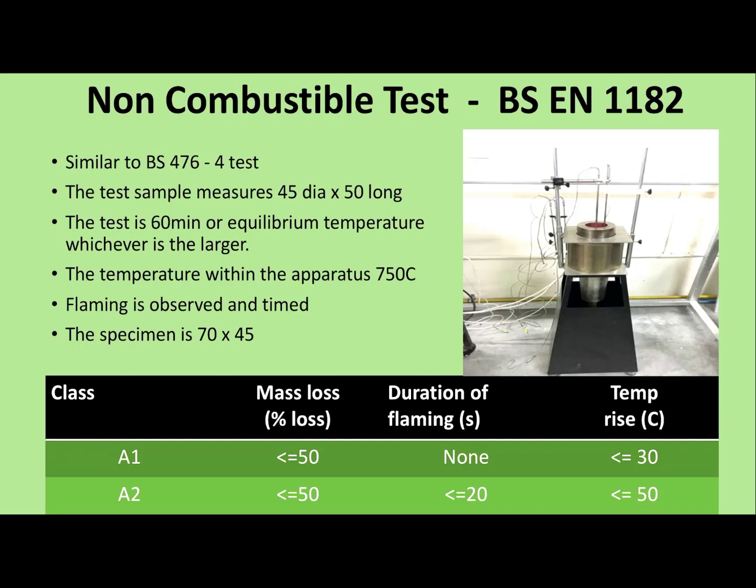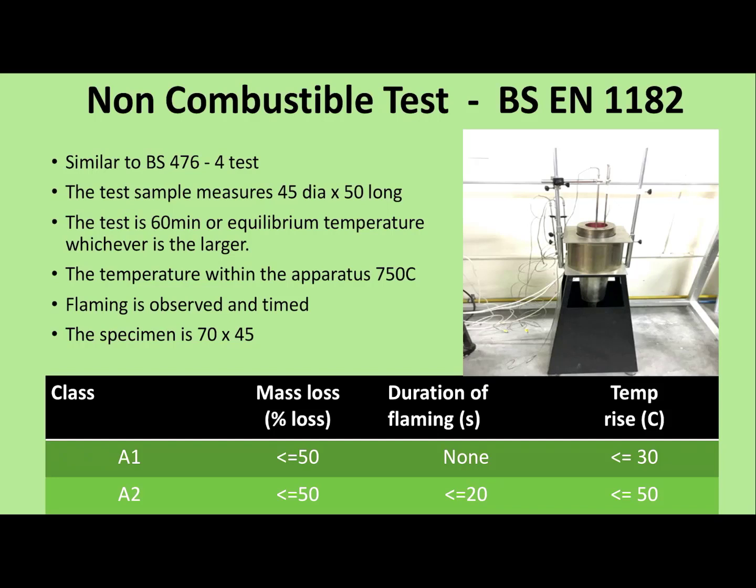For A2, again, exactly the same, 50% mass loss is allowed. This time, the flaming durations can't exceed 20 seconds, and the temperature rise must not exceed 50 degrees. There is a short video coming up showing the test.